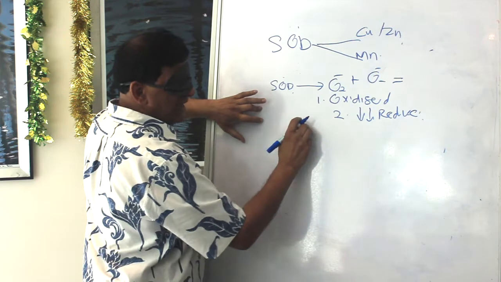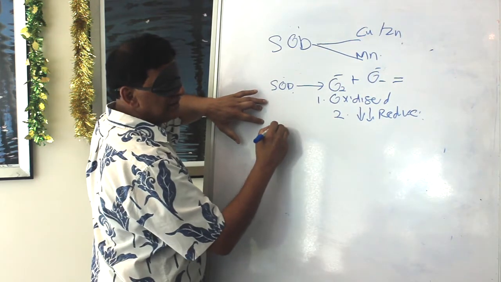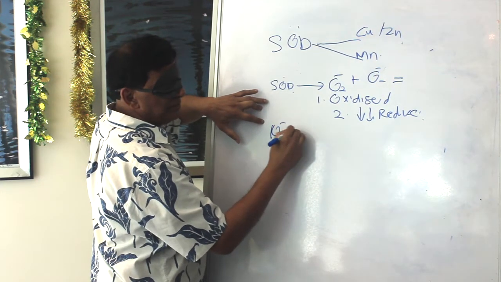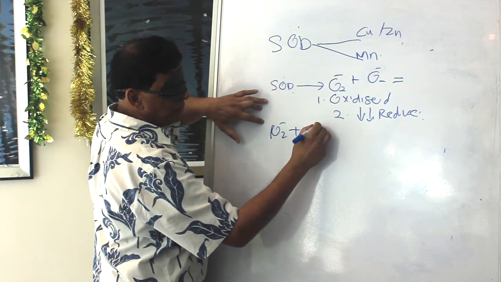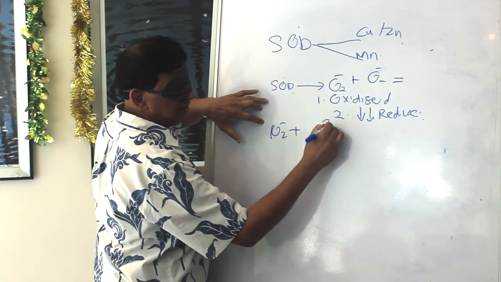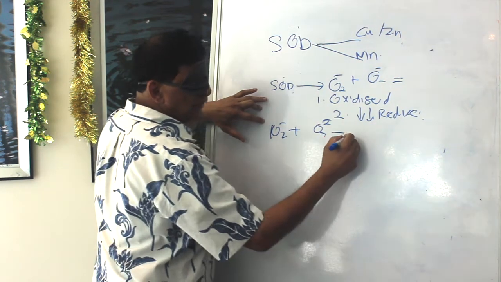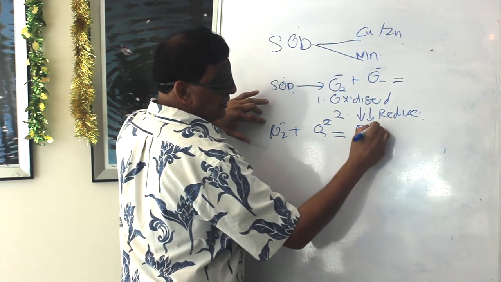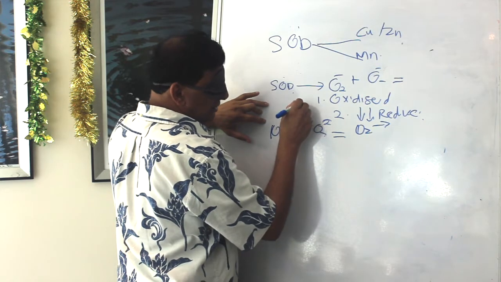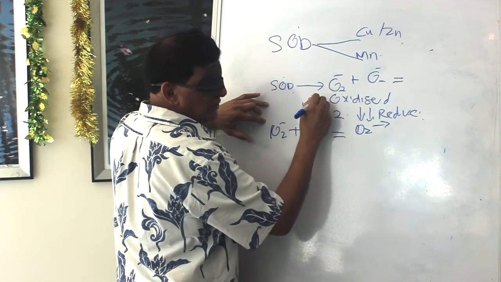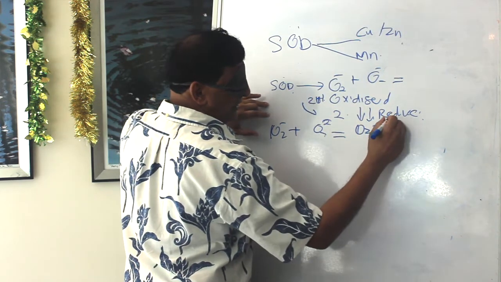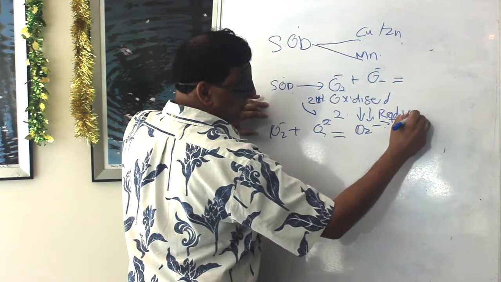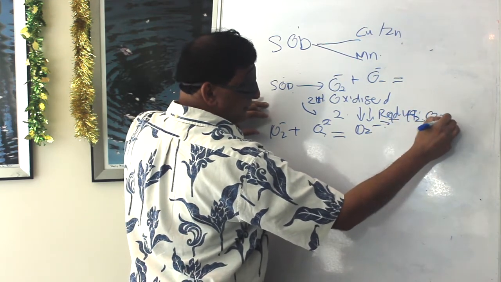So the way it acts is superoxide plus superoxide gives you an oxygen molecule, and here it requires two molecules of hydrogen, and it also converts partly to hydrogen peroxide.